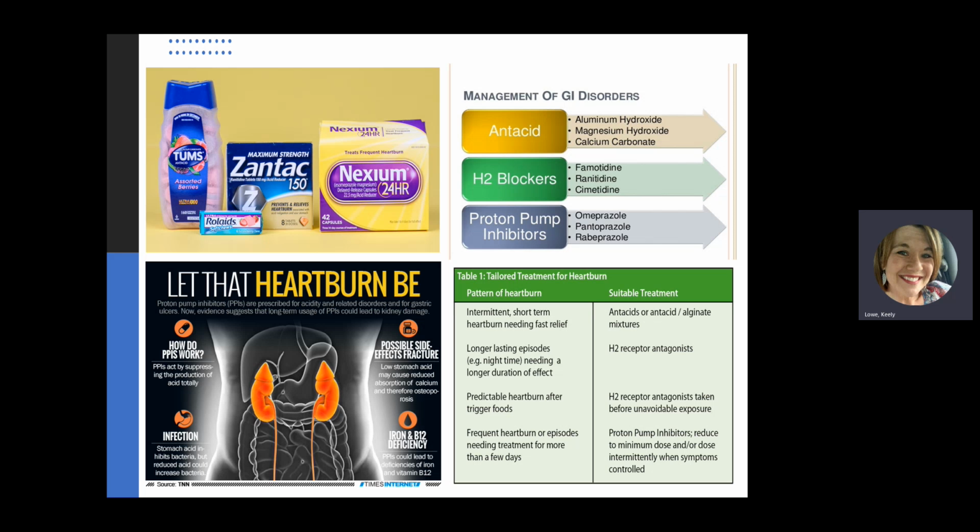An H2 blocker is kind of a step up from that. A histamine 2 or H2 blocker decreases the amount of stomach acid that some of the pumps are putting out. So things like famotidine, ranitidine or cimetidine, things like Pepcid and Zantac, again, take preferably for a shorter period of time.